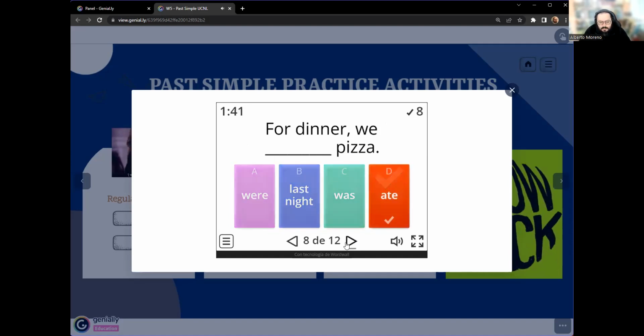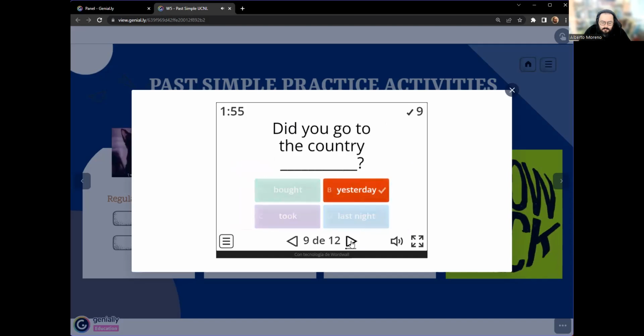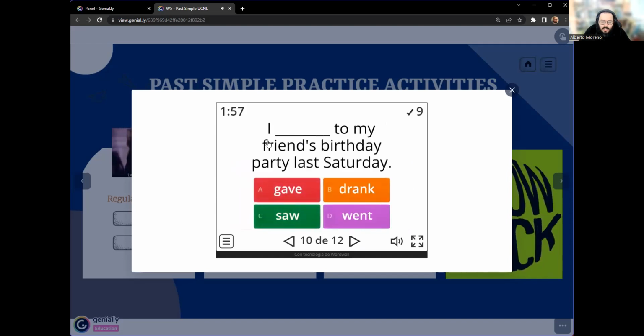Did you go to the country yesterday or last night? Yesterday. That's right. I went to my friend's birthday party last Saturday.